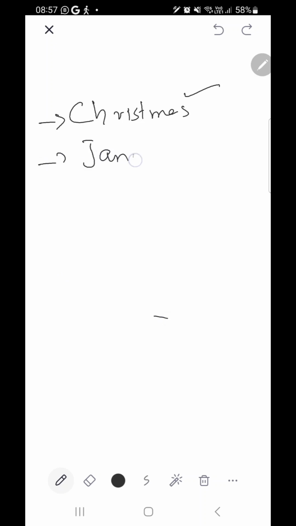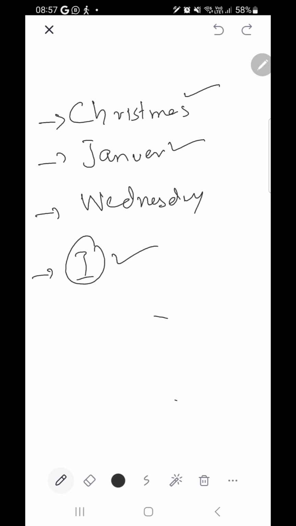So specific days such as Christmas, uppercase. Month, uppercase. Day, let's say Wednesday, Monday, uppercase, right? The word I should always be capital no matter what.